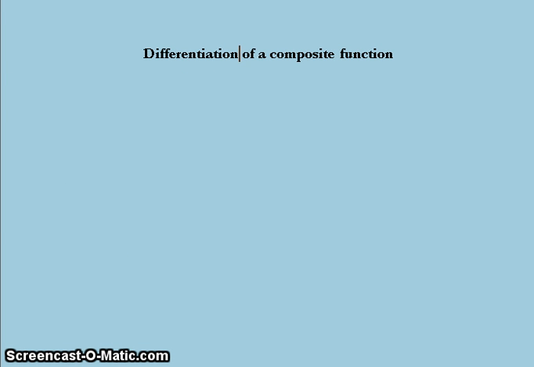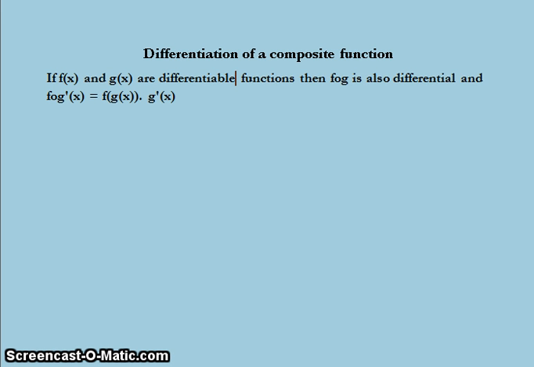For differentiation of a composite function, if f(x) and g(x) are differentiable functions, then fog, the composite function of g on f, is also differentiable, and the derivative of the function fog with respect to x is equal to f dash of g(x) into the derivative of g(x).